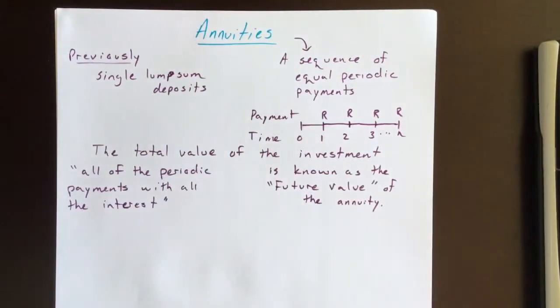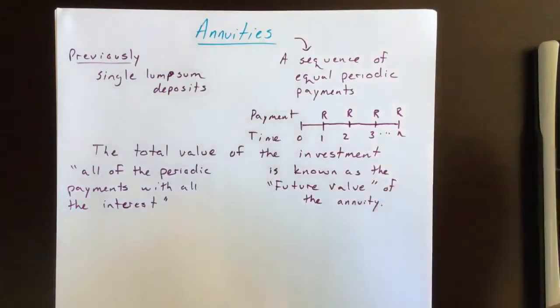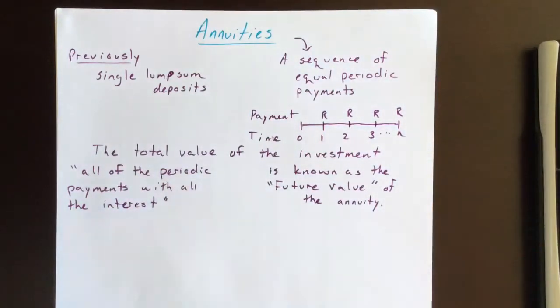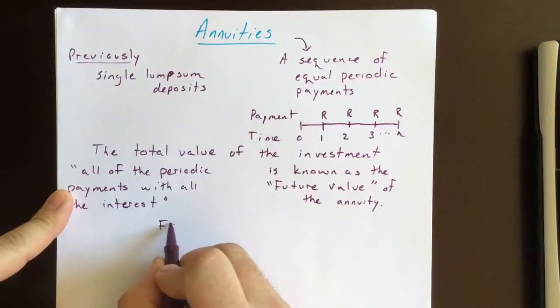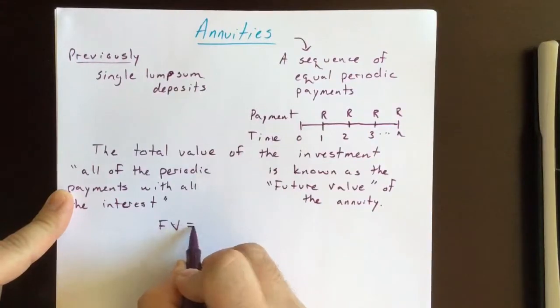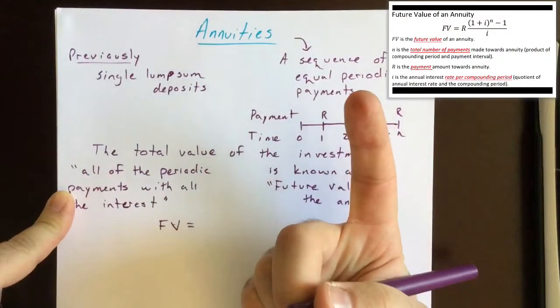So we'll say we're making equal payments of $80 every month at this interest rate. How much money will we have in 50 years? That sort of idea. So the formula to determine the future value of an annuity is above.